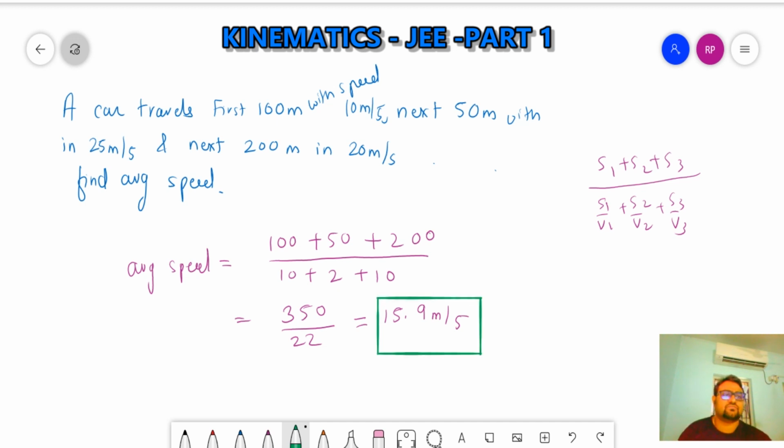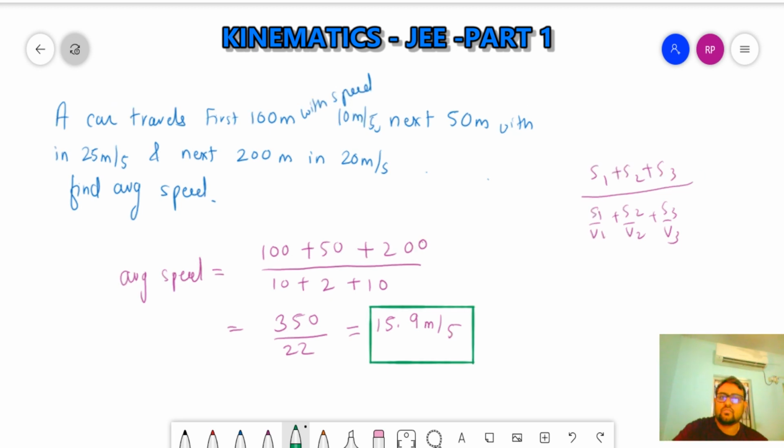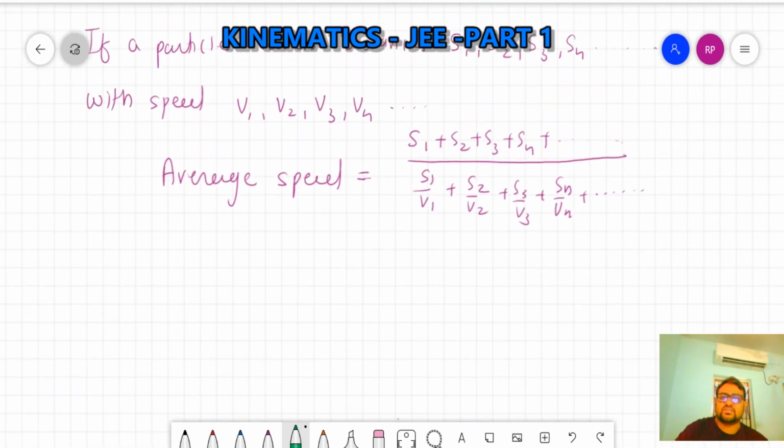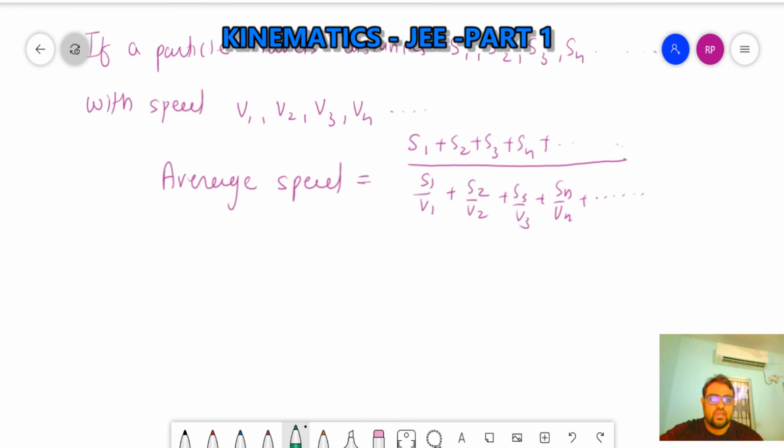Okay, now in this same formula, let the distance traveled S1 equal to S2 equal to S, means same distance.